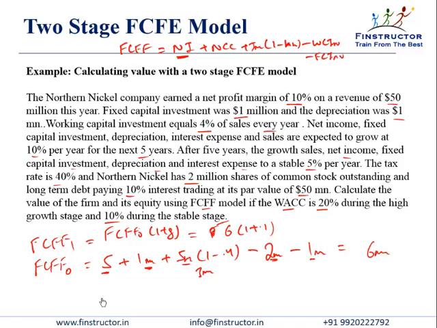So depicting the timeline for this question is now fairly straightforward. At t equal to 0, we had a free cash flow to firm of 6 million. Please note, this will not come in the discounting. This is not the cash that we will get. If we purchase the stock today, we will get all the cash coming from year 1.